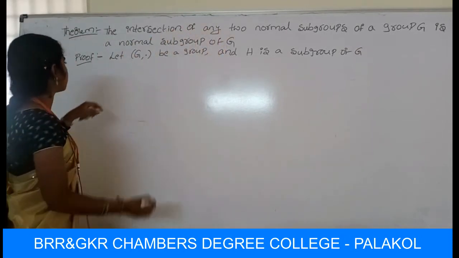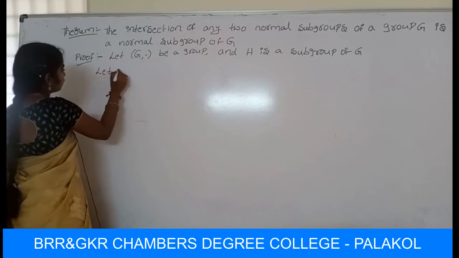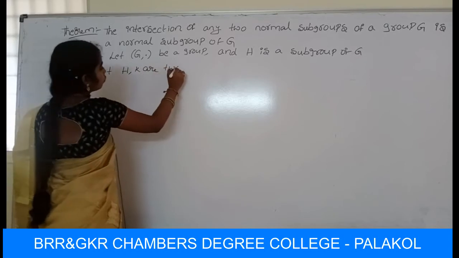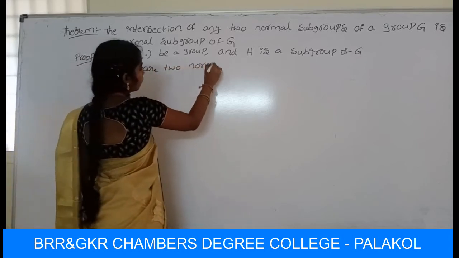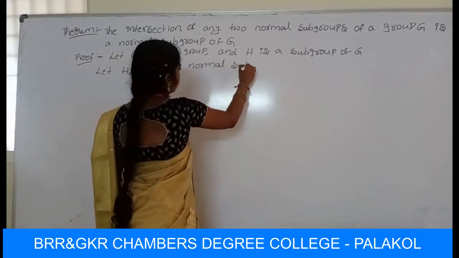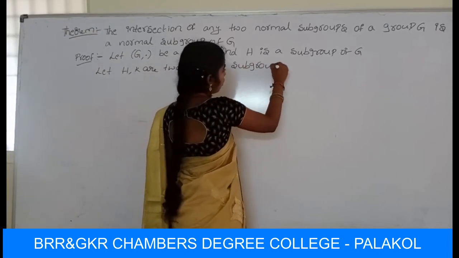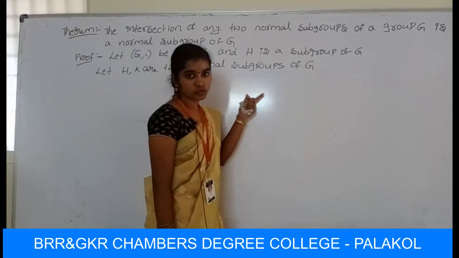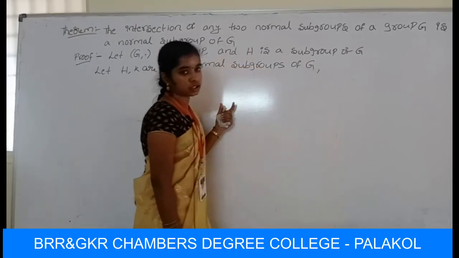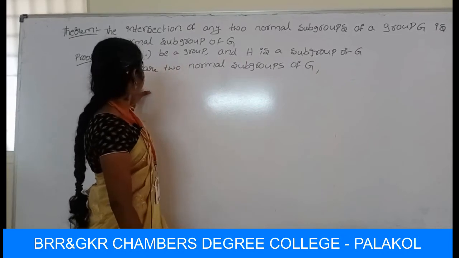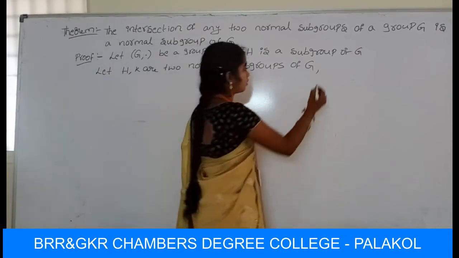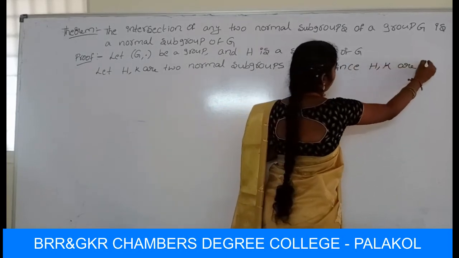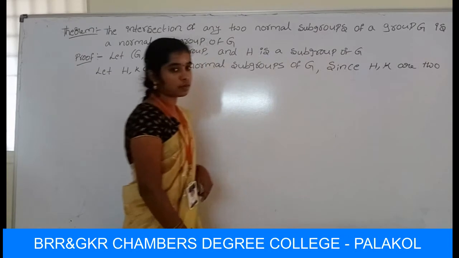So consider H, K. So let H, K be two normal subgroups of Z. Already we know that since H, K are two subgroups of Z.